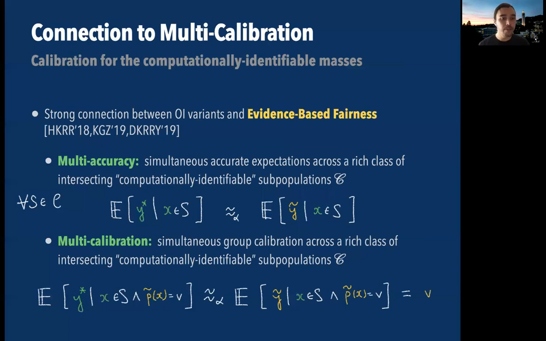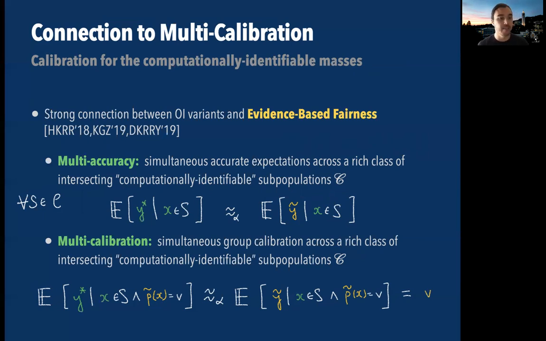Good. So our first main result actually shows a strong connection between OI and the so-called evidence-based fairness framework, also called multi-calibration. So this framework comes from a growing literature on algorithmic fairness.